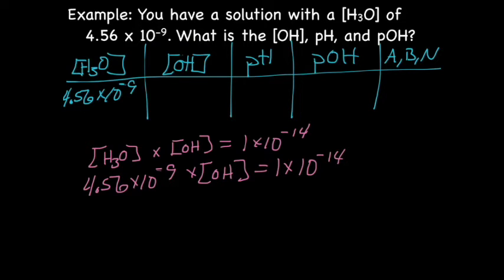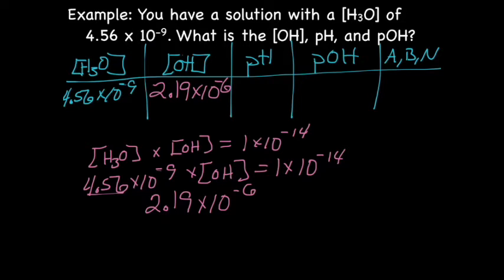So now let's solve for OH by dividing 1 times 10 to the negative 14th by 4.56 times 10 to the negative 9th. And that gave me 2.19 sig figs times 10 to the negative 6th.